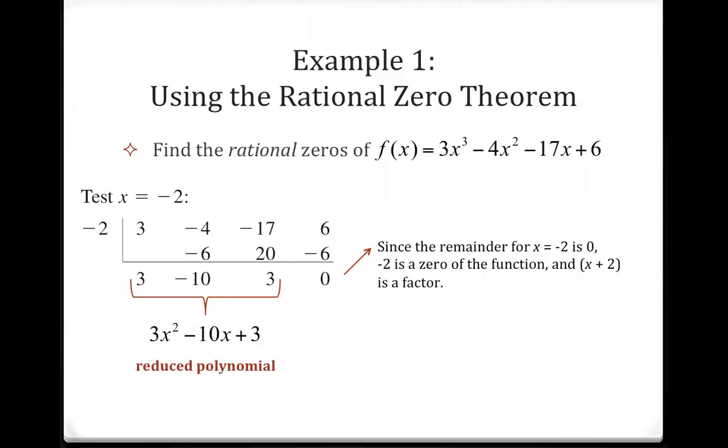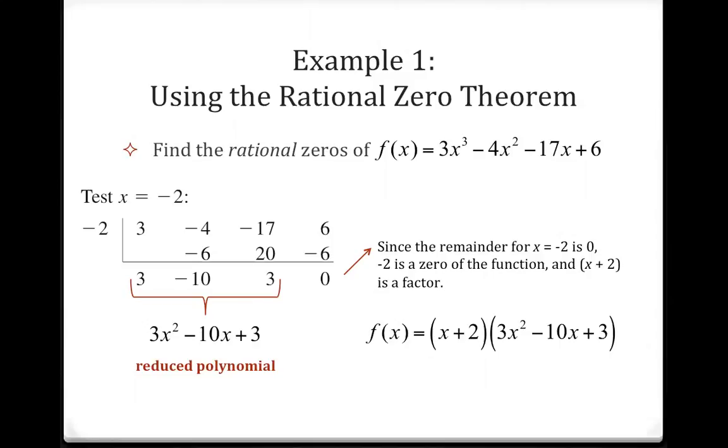So at this point, I would call this 3x squared minus 10x plus 3 a reduced polynomial, meaning I started with a cubic polynomial, I divided one factor out, and this is the reduced polynomial that I get as a result. And so I can rewrite my original cubic polynomial now as two factors, x plus 2 times 3x squared minus 10x plus 3.